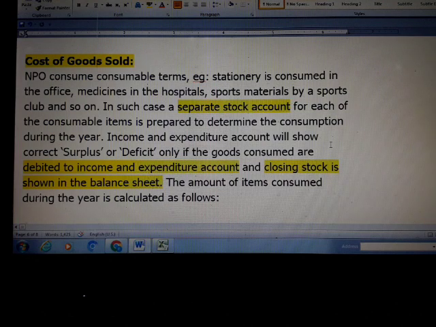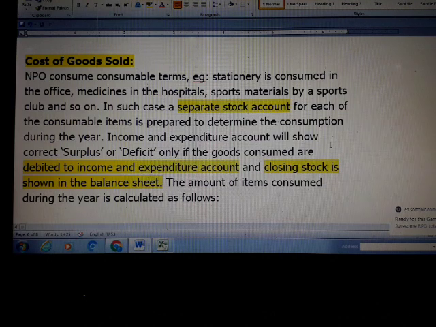So maintaining a separate account is very important when it comes to cost of goods sold, or to find out the cost of consumable items. Don't get confused with the separate account: you will maintain a separate fund account for each fund in fund-based accounting. Clear?